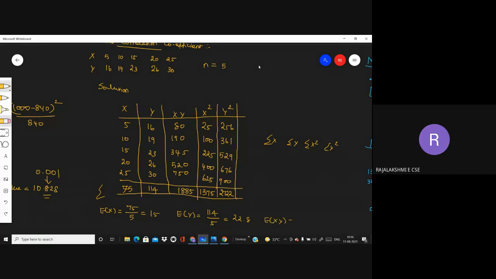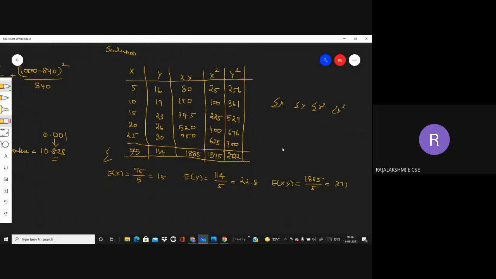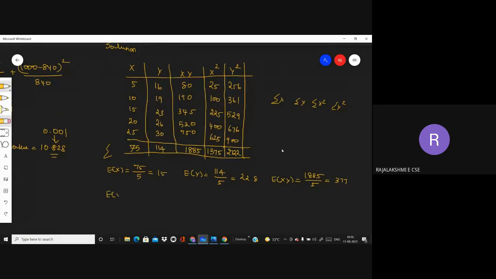E of xy, what should we do? This summation should be divided by the total number of rows. 1885 divided by 5. What is the value? 377. That's it. Fine. Now E of xy is done. Now let's do E of x square. Tell me the formula. 1375 divided by 5. What is the value? 275.